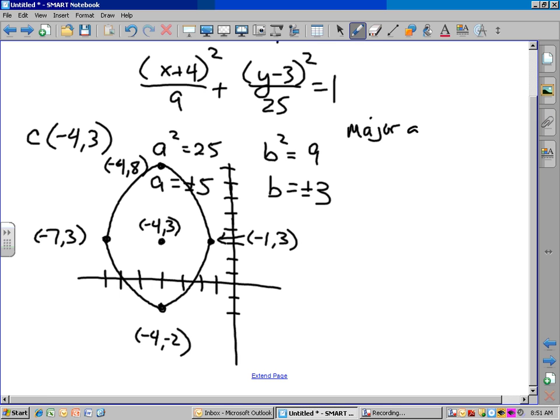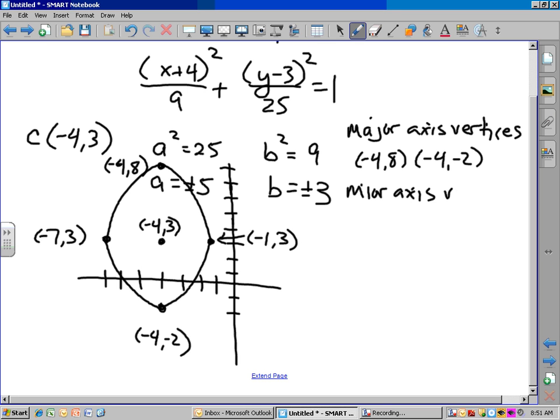Major axis vertices: we have negative 4, 8 and negative 4, negative 2. The minor axis vertices: negative 7, 3, negative 1, 3. We got the center, major vertices, minor vertices.